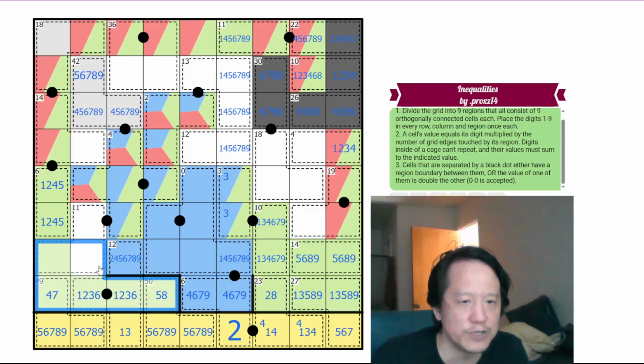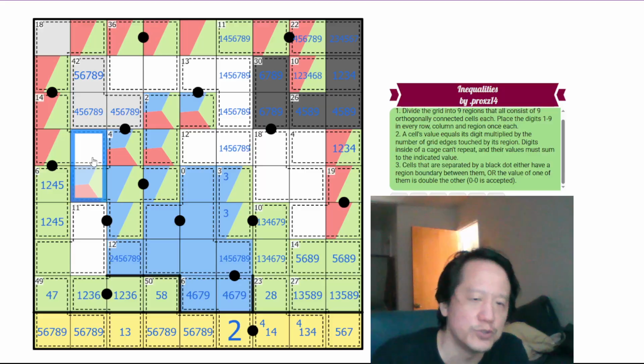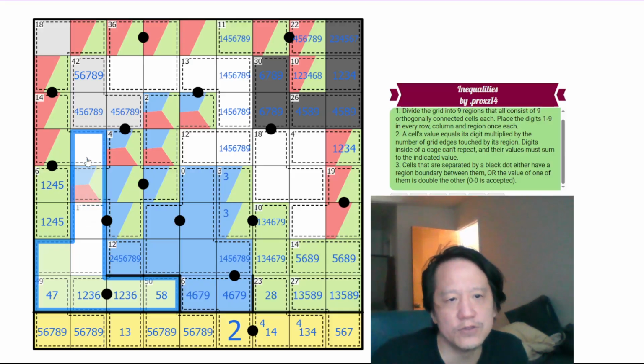What happens if we don't include, we only include 1 here? It has to go this way if this is not part of that region. Which means... So it has to go 1, 2, 3, 1, 2, 3, 4, 5, 6, 7, 8, 9. This is a part of a separate region.